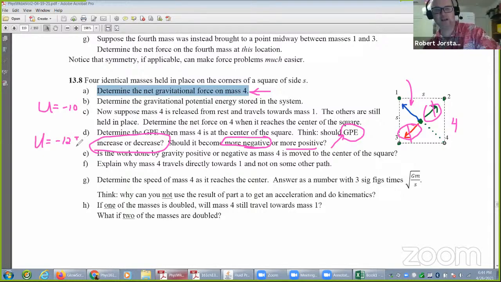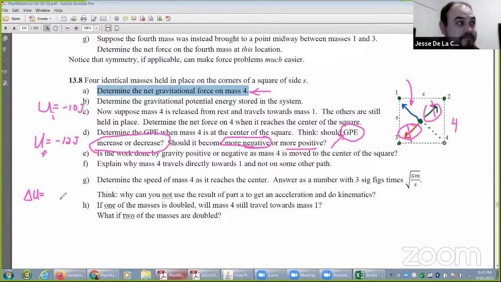These are not real, but they are approximately like what one might expect. So if you go from negative 10 to negative 12, let's say initially when it was in the corners, it was negative 10, and then you go to negative 12, what's delta U? Negative 2 joules.